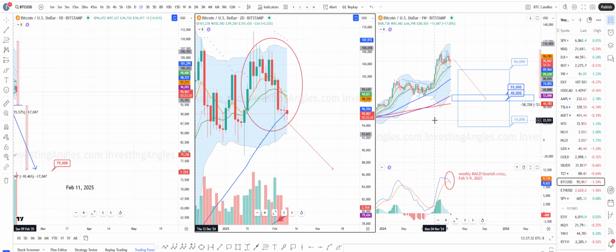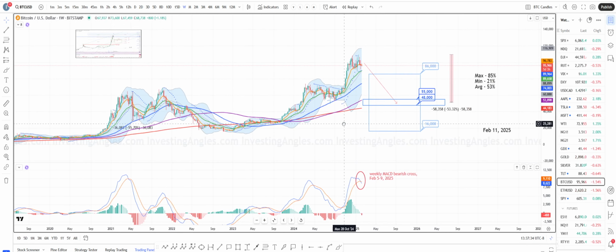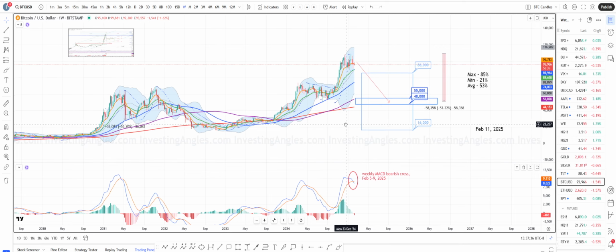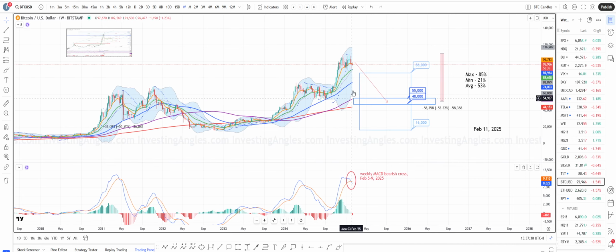And speaking about the biggest technical event that happened on Sunday, Bitcoin recorded this MACD bearish cross on the weekly frame, and right now it is falling down. How far and how sharp the move would be, we don't know.